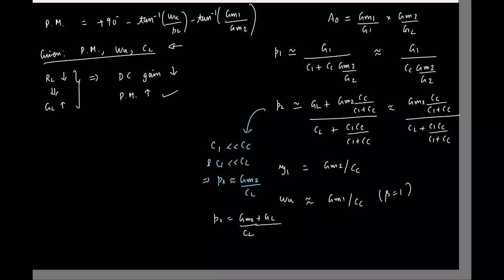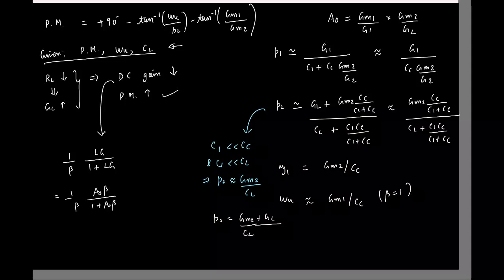So this is okay, but this is not good, right? Because remember, the whole point of having a large DC gain was that when you put it in feedback with a feedback factor beta, we expect the closed loop gain to be 1 by beta, but in practice you will have beta by 1 plus beta times loop gain by 1 plus loop gain, and this in turn is basically A naught beta by 1 plus A naught beta.